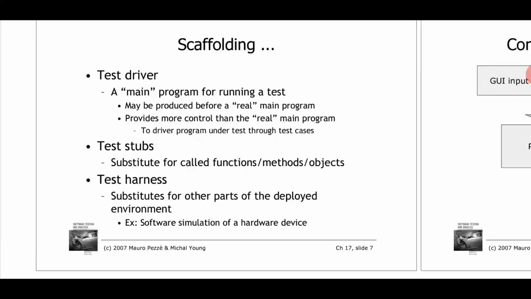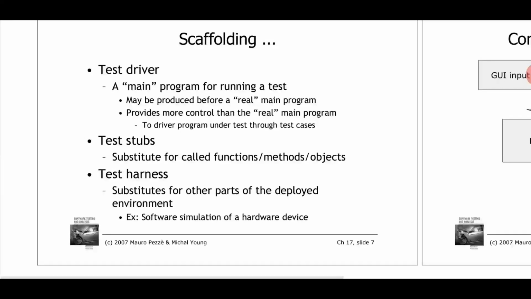It's a main program for running a test. When you want to execute test cases, of course it will start from a main program. So the test driver serves as a main program. It may be produced before the real main program.